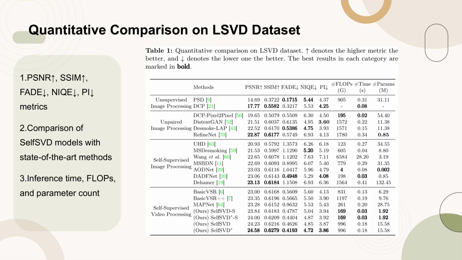The table compares the performance of SelfSVD models against 16 state-of-the-art methods, categorizing them into unsupervised, unpaired, and self-supervised image processing methods, as well as self-supervised video processing methods. Additionally, the table reports the number of model parameters, FLOPs, and inference time per frame for each method, providing a comprehensive view of their efficiency and effectiveness in desmoking tasks.